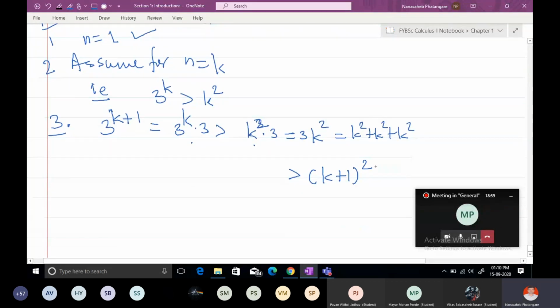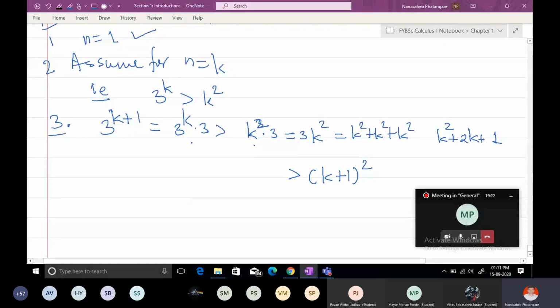But if I write one k square as it is, and I replace one k square by 2k, and I replace the other k square by 1, and I add these.